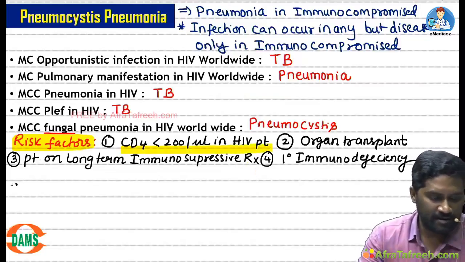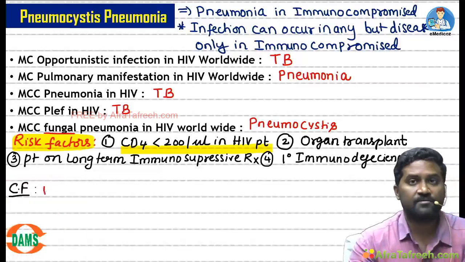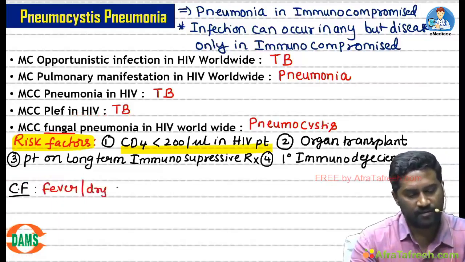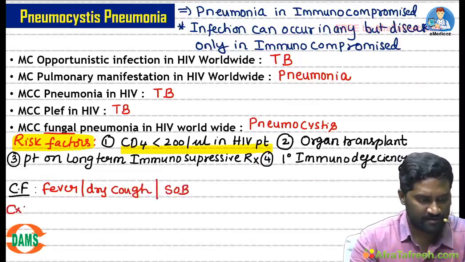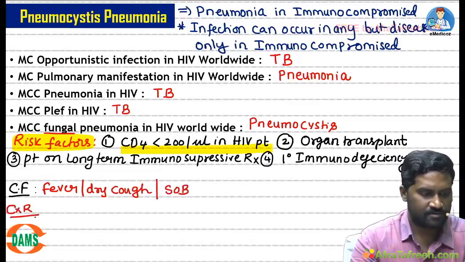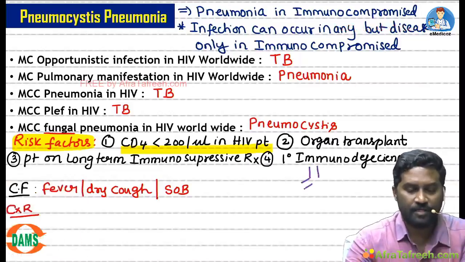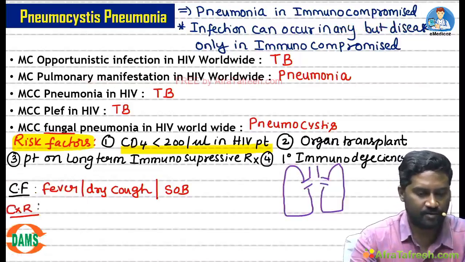Now coming to the clinical features, this can manifest as an atypical pneumonia. Atypical pneumonia in the sense, the patient will have fever, there can be dry cough, and shortness of breath. Now coming to the chest X-ray features. Consider this is the lung of the patient. Initially the chest X-ray can be normal.